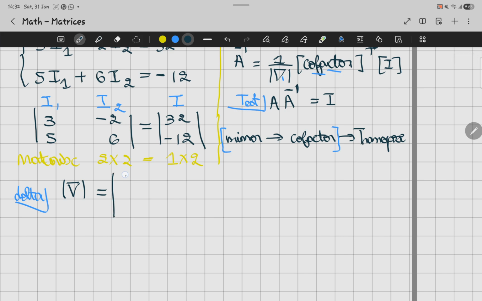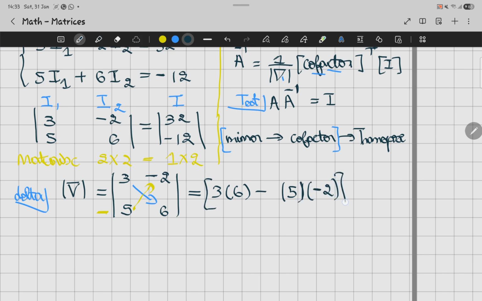Since we're using a 2 by 2 matrix, this is what we're going to get. It will be equal to, now what you do, times this one, and then you times this 2. Remember there's a negative sign, so you're going to end up with 3 times 6 minus 5 times negative 2.